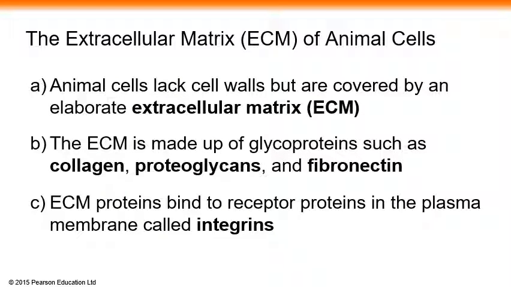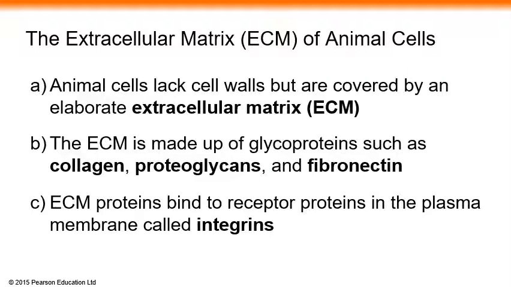How about animal cells? The animal cell structure outside the plasma membrane we call the extracellular matrix, ECM. Animal cells lack a cell wall, but are covered by an elaborate extracellular matrix.